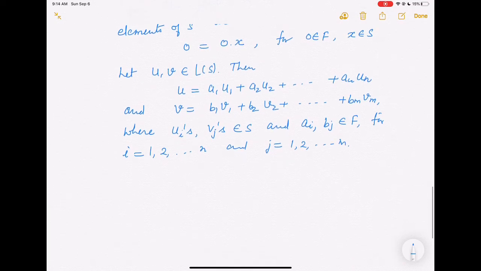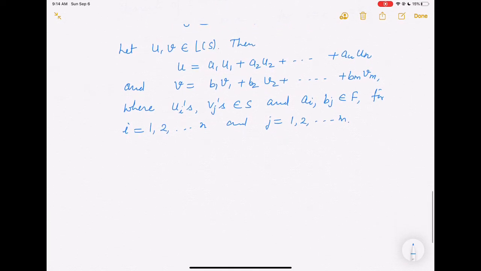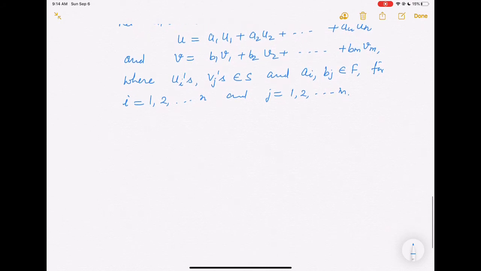So u is a linear combination of elements of S and v is a linear combination of elements of S.